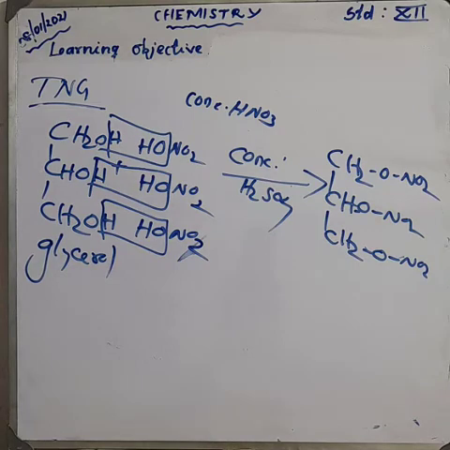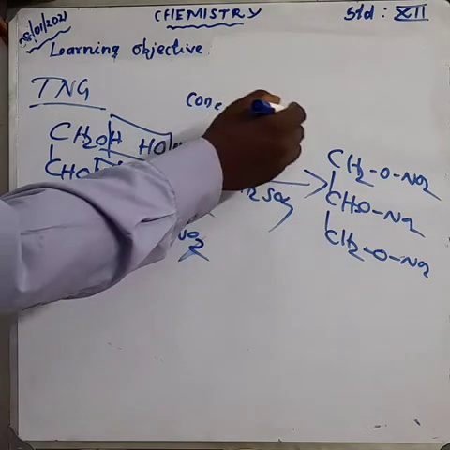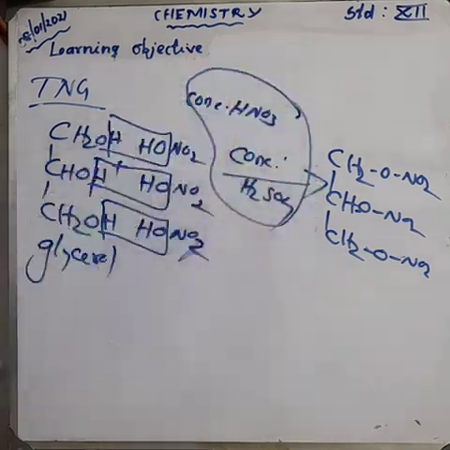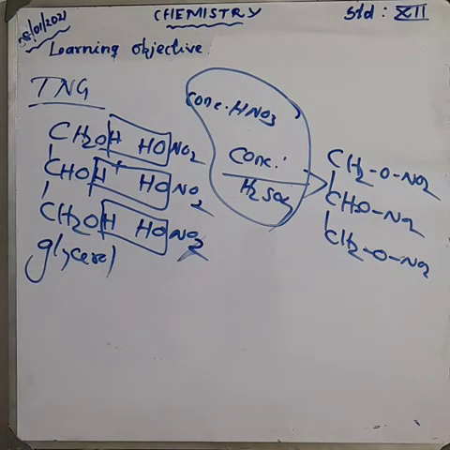This is the reaction of glycerol with nitrating mixture. What is the nitrating mixture? The concentrated nitric acid and concentrated sulfuric acid is called the nitrating mixture. Don't forget that.